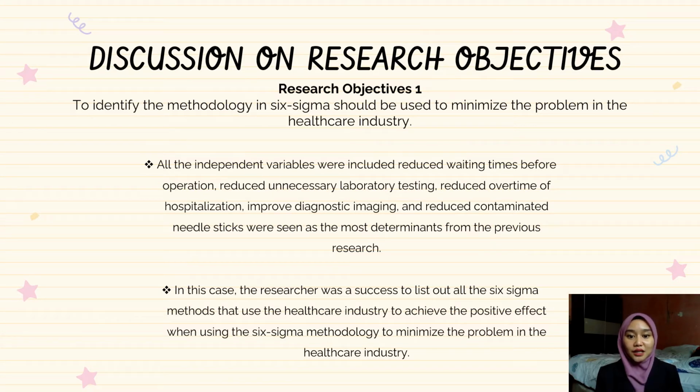In this case, the researcher succeeded in listing out all the Six Sigma methods used in the healthcare industry to achieve the positive effect when using the Six Sigma methodology to minimize the problem in the healthcare industry.